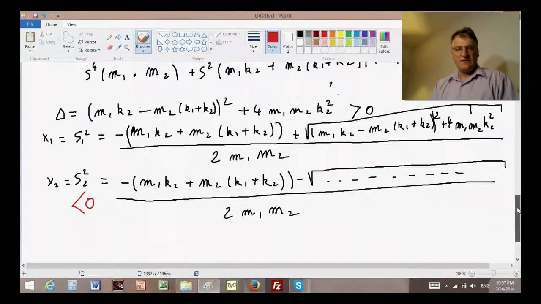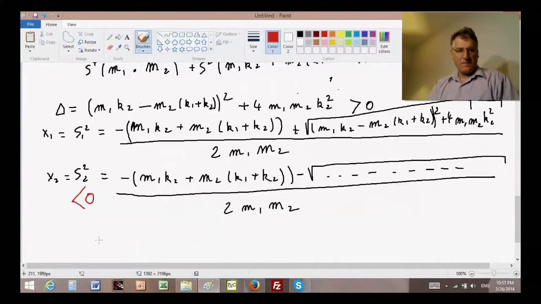So for that, let's compare M1 K2 plus M2 times K1 plus K2 squared, or we compare that with, we'll square later, with that quantity.